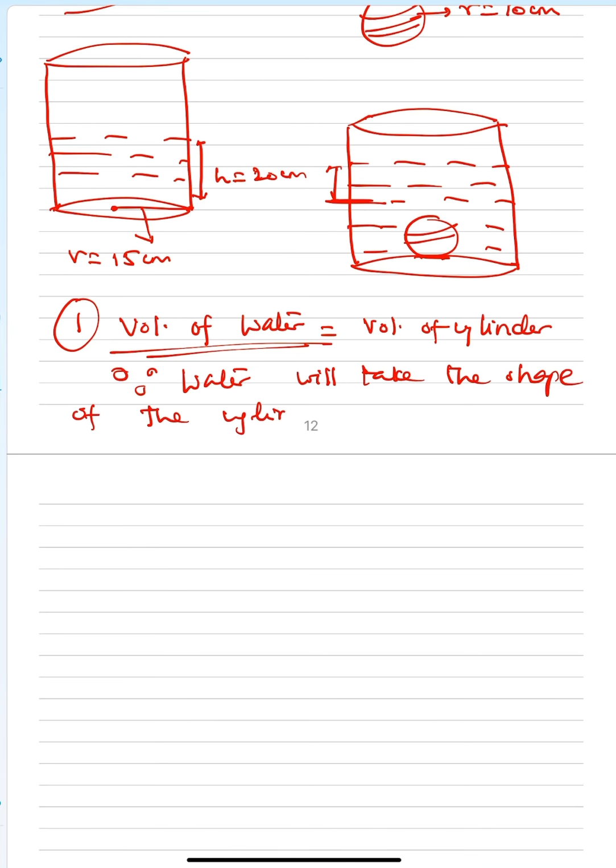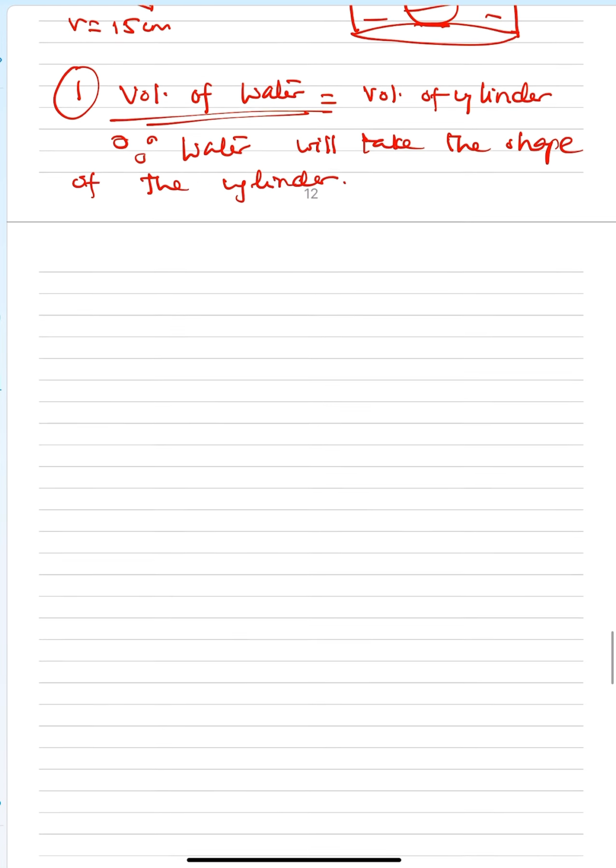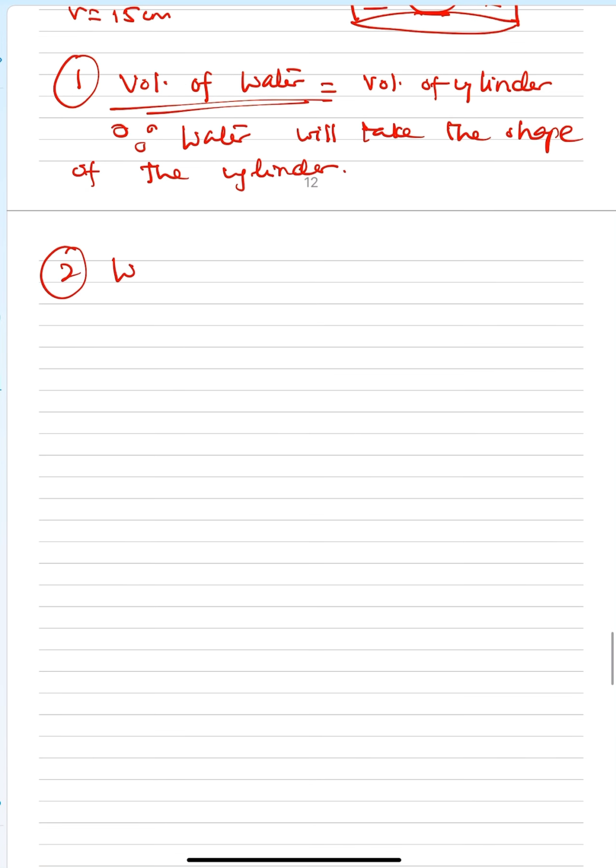This is the first concept. Now second, the volume of the water displaced will be equal to the volume of the spherical ball, that is the sphere. Why? Because that much space the sphere now occupies, so their volumes are equal.